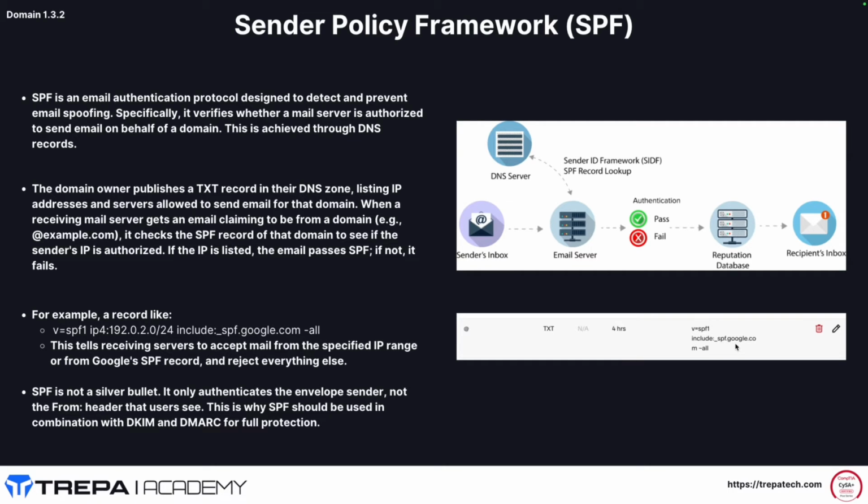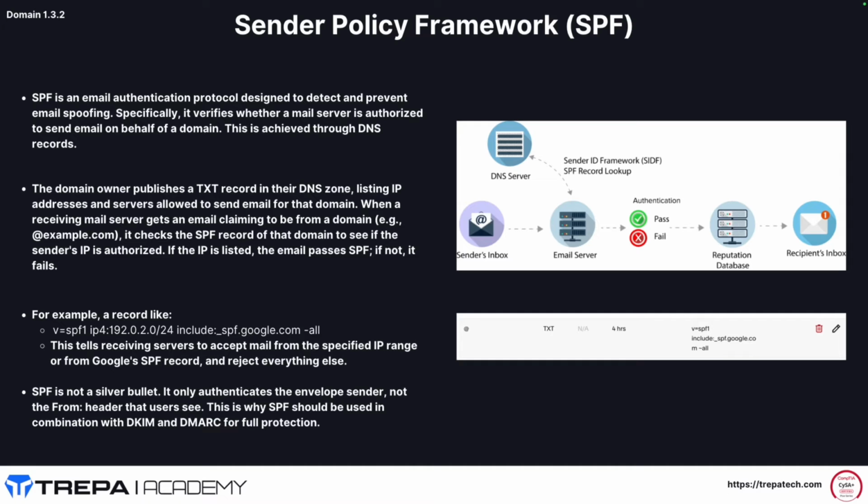Can I trust you? I have this text record, and this is the actual text record I have on my DNS server. This is a screenshot from Squarespace, my DNS server that trepatech.com uses, that says, hey, pretty much trust spf.google.com, so any google.com domain. And trepatech.com uses Google Workspace, right?